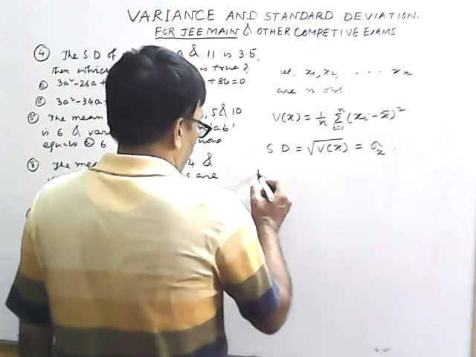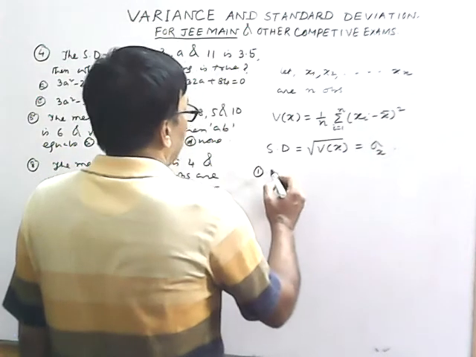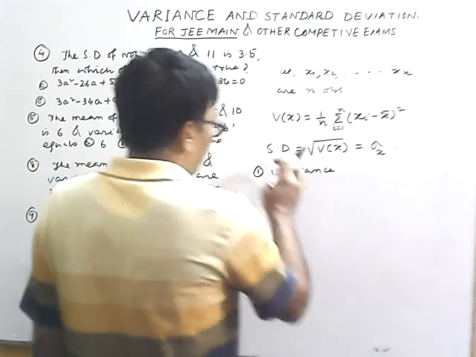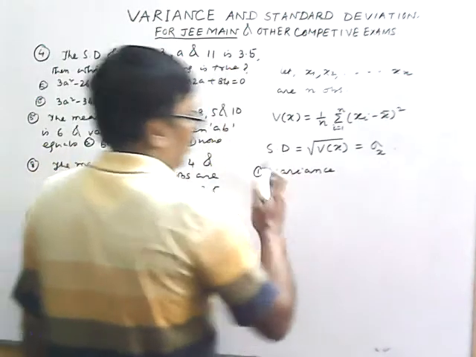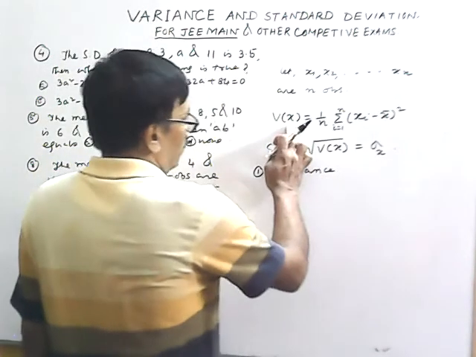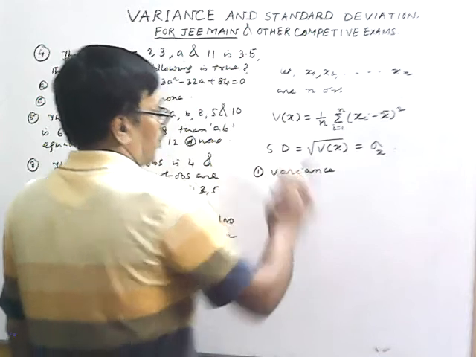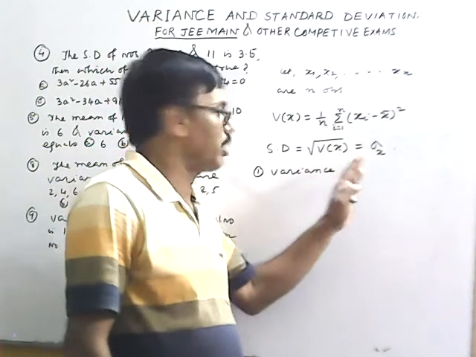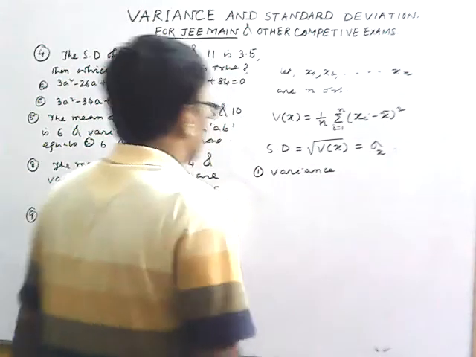Number 1: standard deviation and variance behave the same. Root over variance is standard deviation. The property is applicable for variance as well as standard deviation.